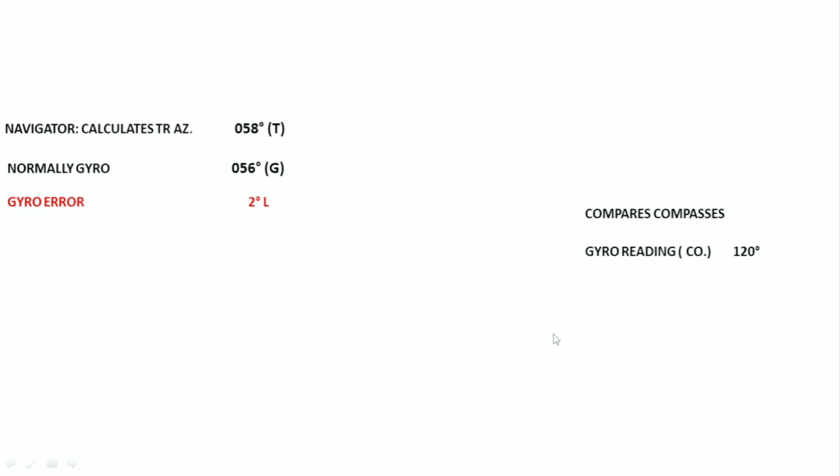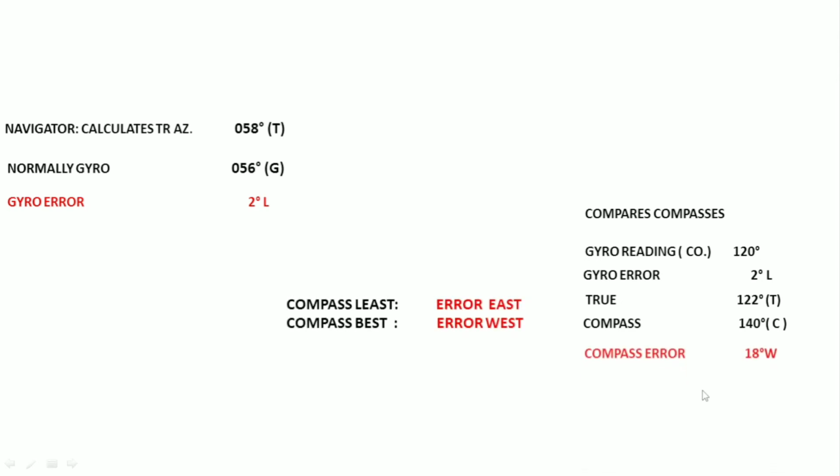Knowing the value of the error of the gyro compass, I can always get the true, and my true is 122. The compass was reading 140, so I can get my compass error. Compass least, error east; compass best, error west. So the compass error is 18 degrees west.